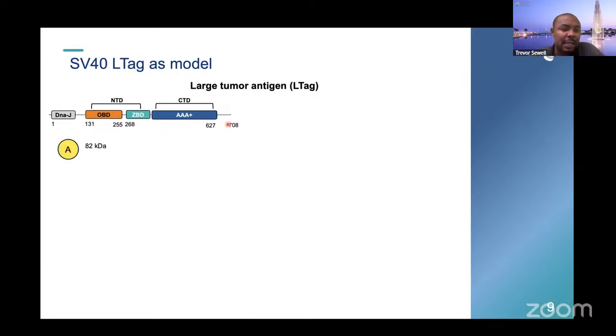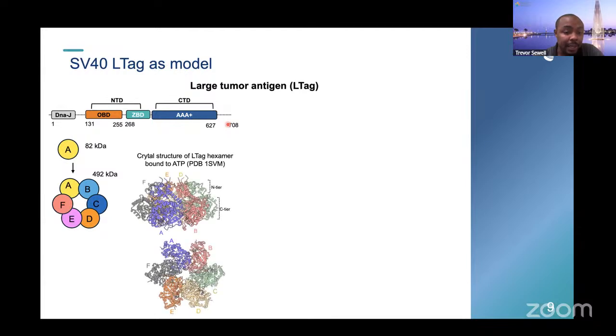This protein is 82 kilodalton in size as a monomer, and it can hexamerize to around a 500 kilodalton hexameric ring-shaped protein. And like CMG, it also forms a two-tier ring with the N-terminal collar and the C-terminal C-tier ATPase motor.